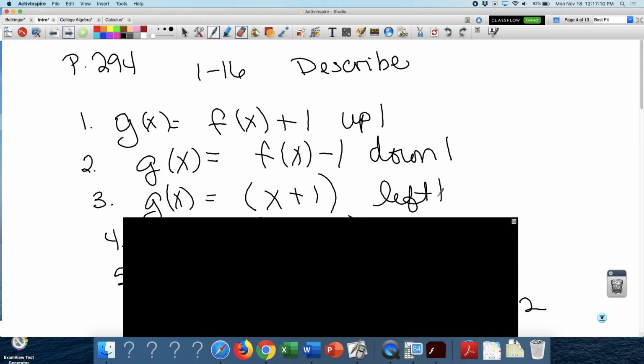So instead of being right 1, the brackets make it act funny, which means it's going to be left 1. If it's not inside the bracket, like x plus 1 outside the bracket, you just do it exactly like it should. Inside the bracket changes it. Outside the bracket, it does exactly what it's supposed to.